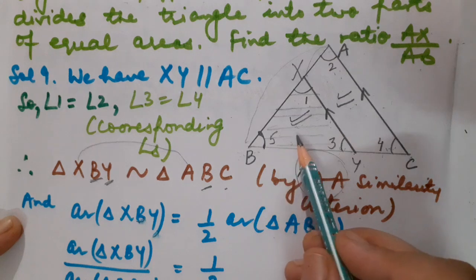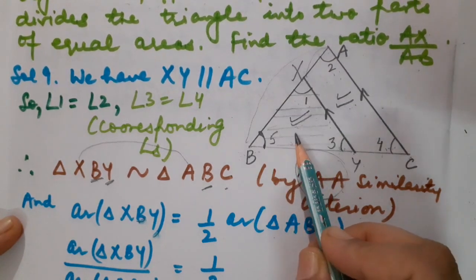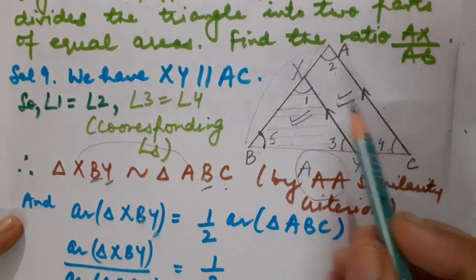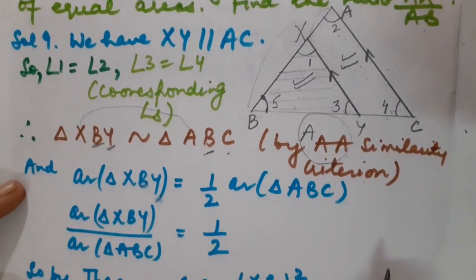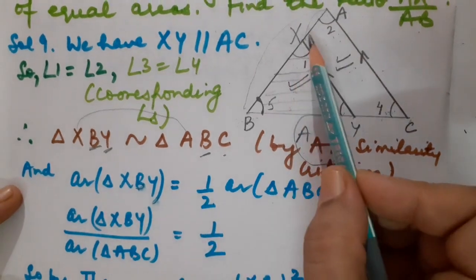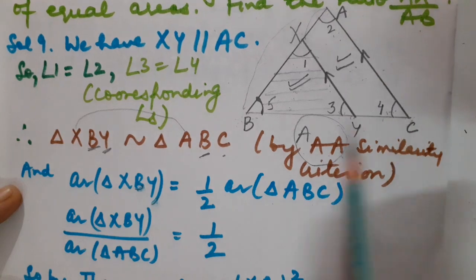Correct? But because we are going to deal with the triangles, I have chosen the triangle instead of taking this trapezium. Okay, this is trapezium AXYC. So leave this trapezium. I am going to maintain the relation between both the triangles, that is triangle XBY and triangle ABC. Got it?